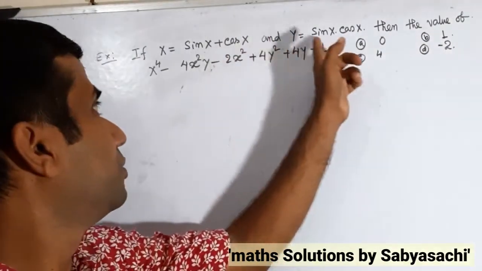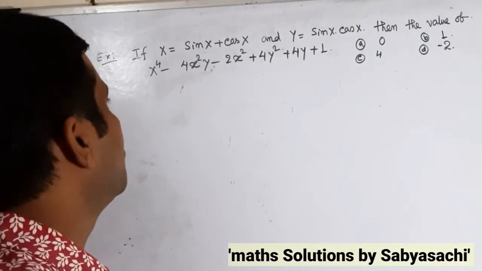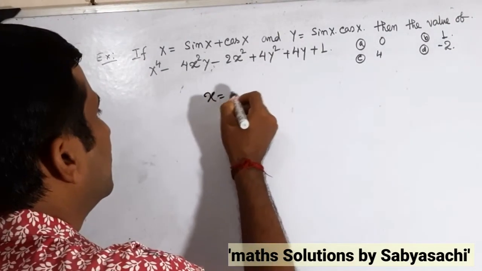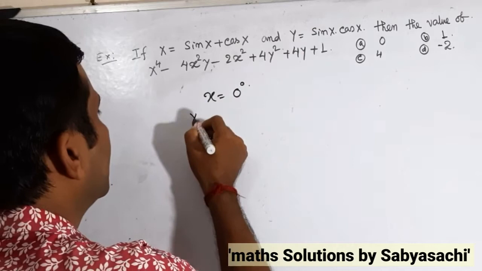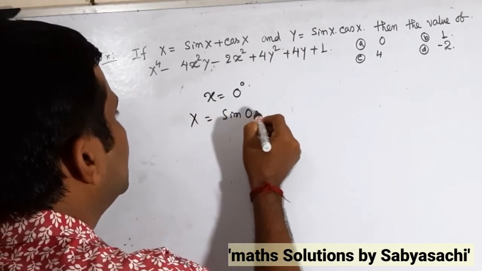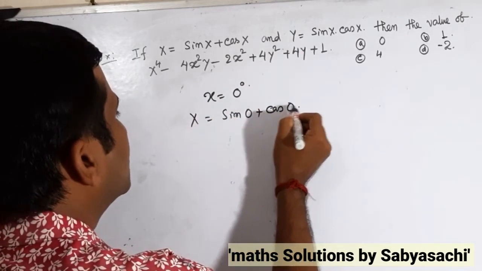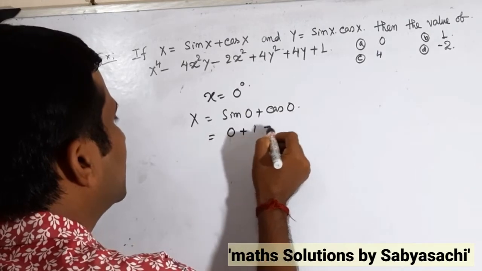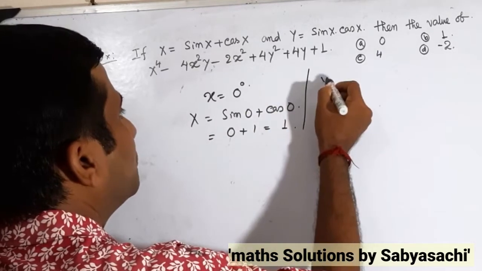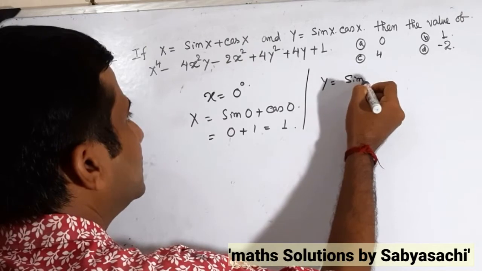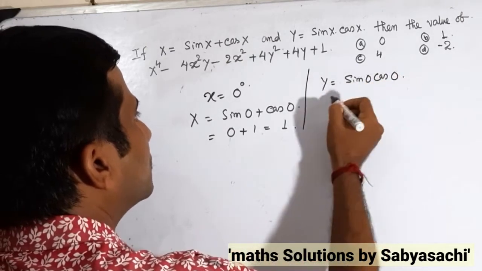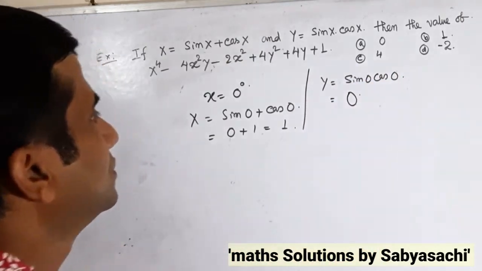Now putting the value of x and y, you can put x is equal to 0 degree, then x is equal to sin 0 plus cos 0, that means 0 plus 1 is equal to 1. And y is equal to sin 0 cos 0, which is also 0.